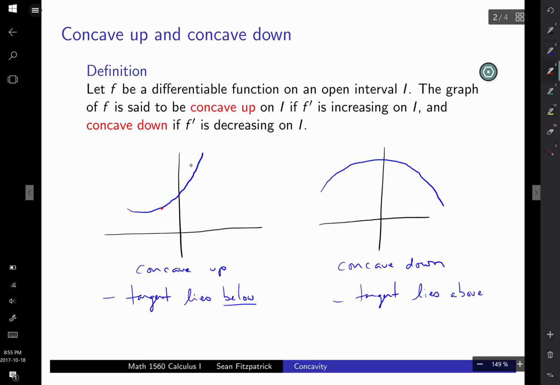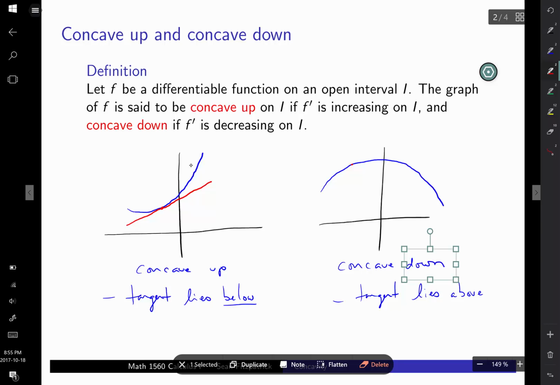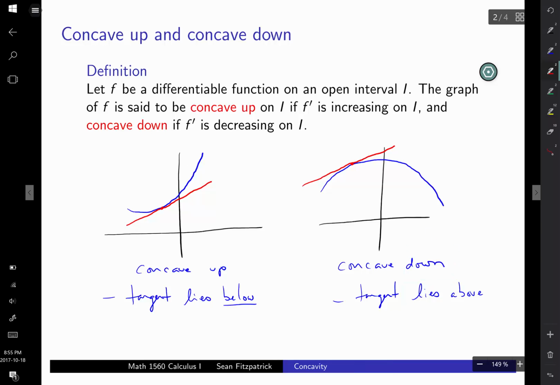If you choose any point on this graph which is concave up, and you draw the tangent through that point, you can see that that tangent line is lying below. And similarly for concave down, if I draw the tangent line, let's say here, we can see that the tangent line is above.